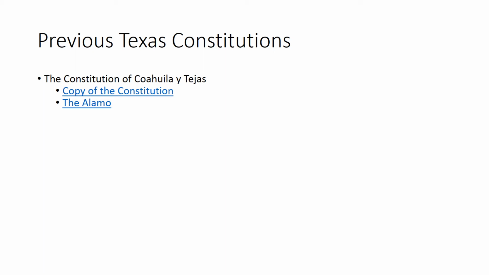After a series of revolts and guerrilla attacks, Mexico gained independence from Spain in 1821. Because Texas was a part of Mexico, it first operated under the Republic of Mexico's Constitution of 1824.